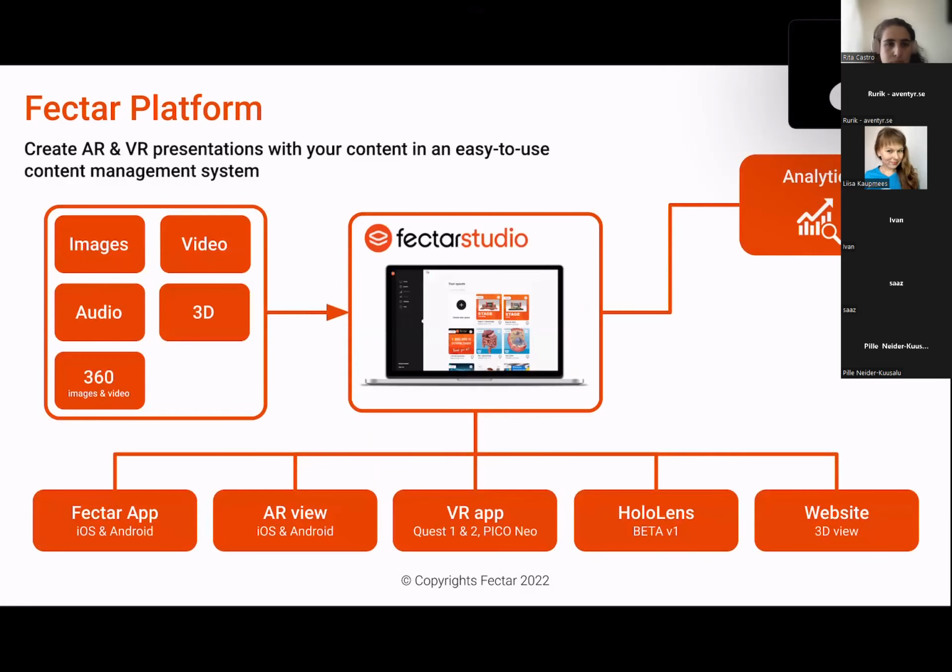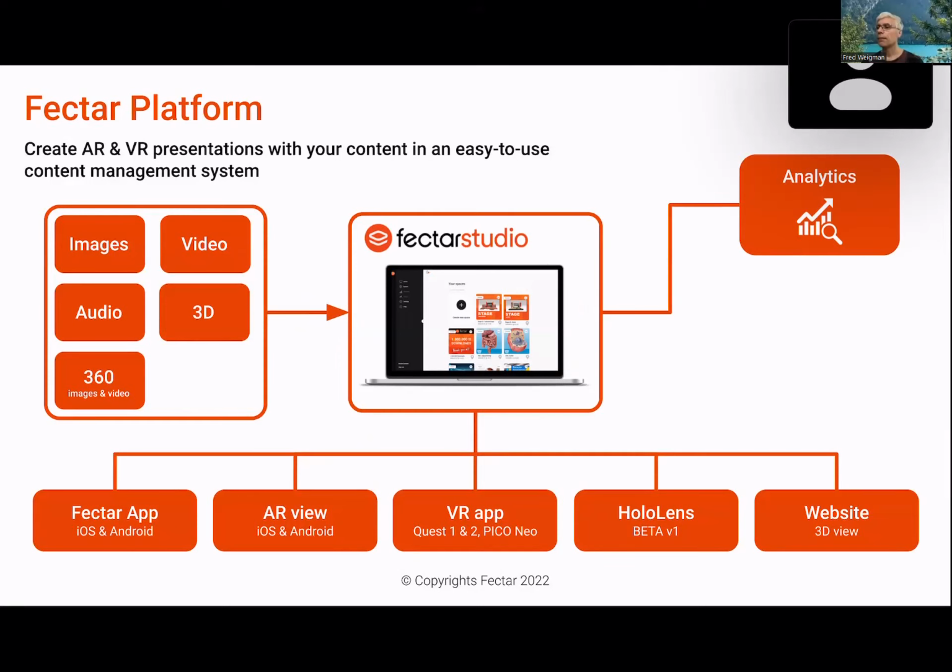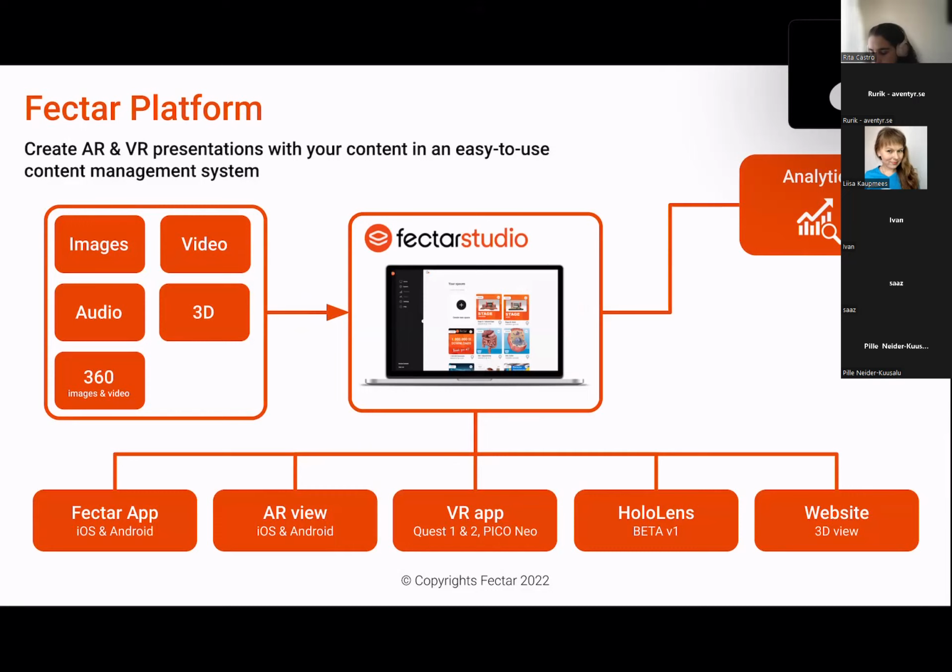The core of all this is Fectar Studio. So that's also something that I will show you. There's where you build your creations and upload your content, position your content, and then distribute to all different platforms. So if you look at this flow chart, you upload your images, video, 3D files, 360 images and video.